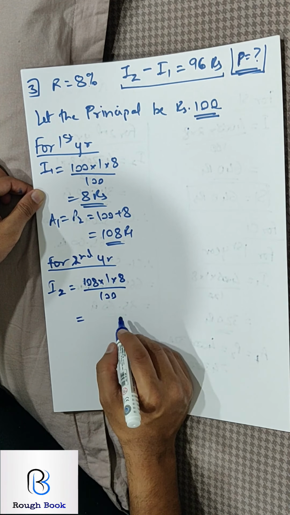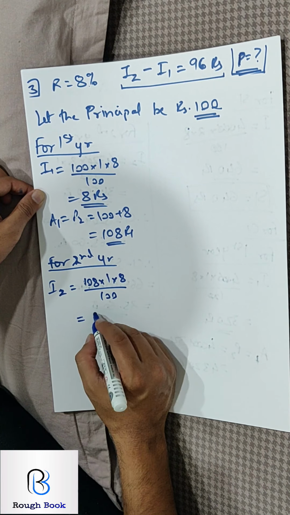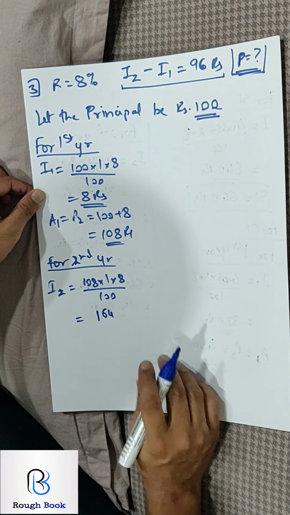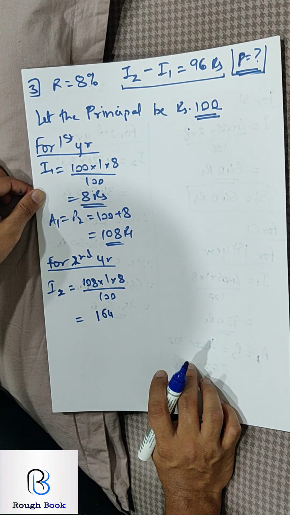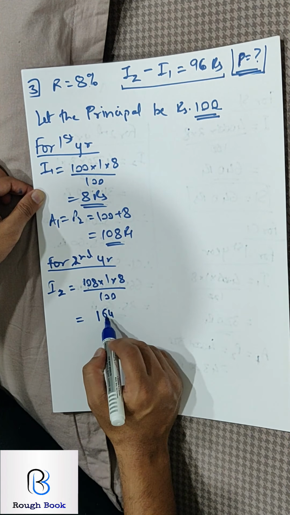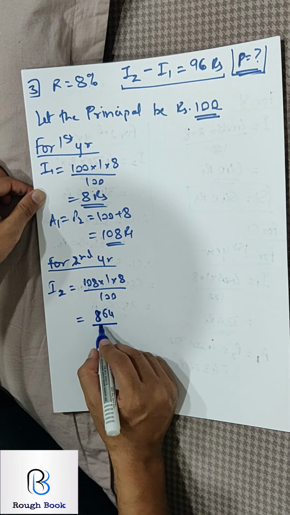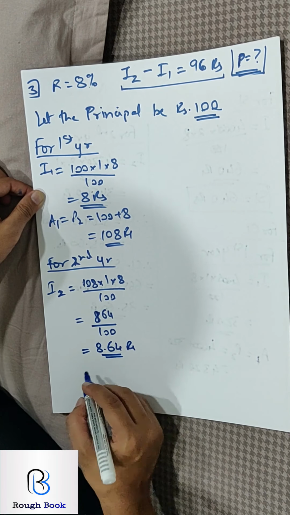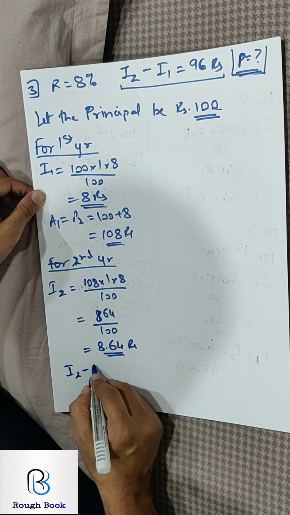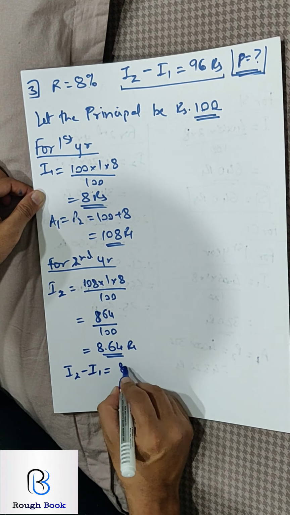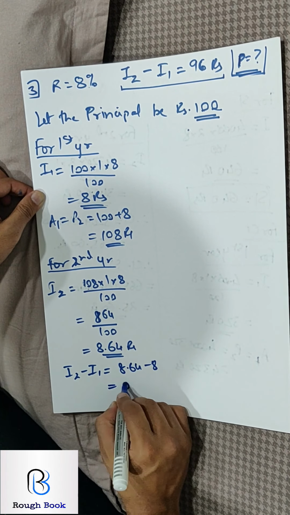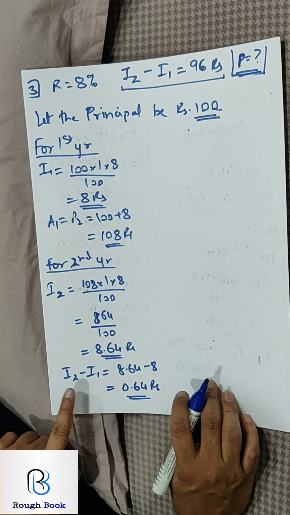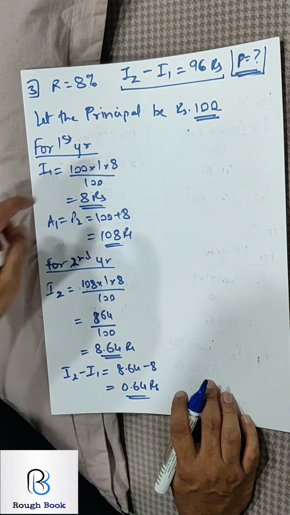So that will be 8 8s are 64, 864 and 2 decimals. So 8.64 rupees. So therefore I2 minus I1, 8.64 minus 8, so 0.64.